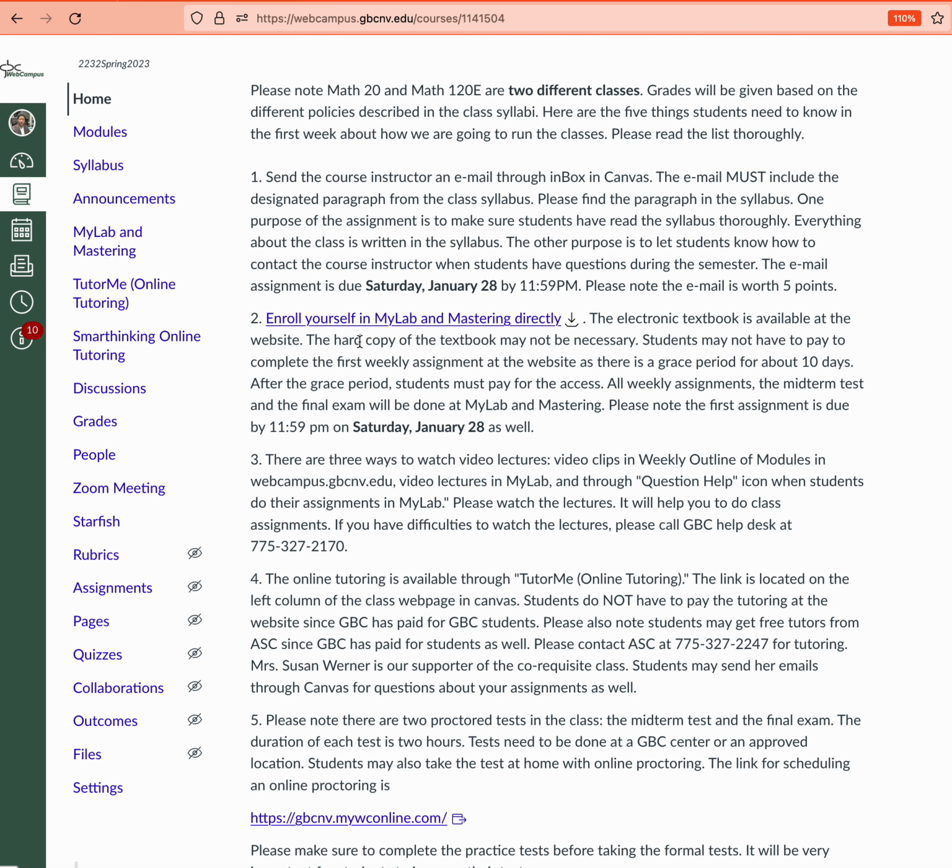The hard copy of the textbook may not be necessary, because on the book publisher website, there is an ebook available. Students have to pay for the access, because again, this is the book publisher website, which is out of the control of the college.